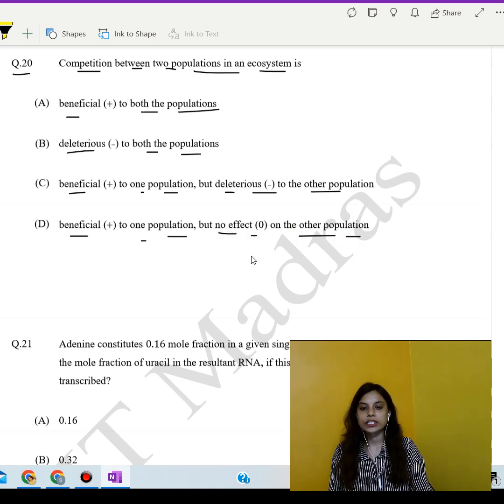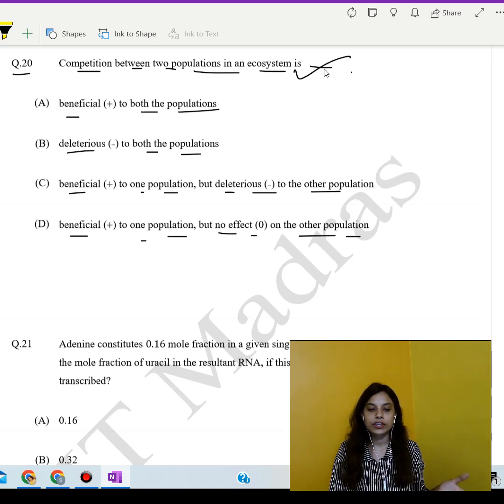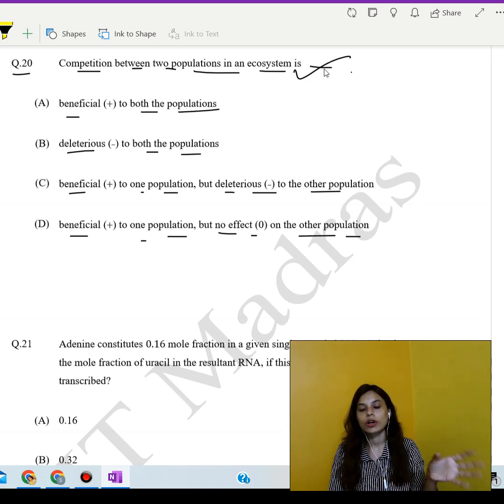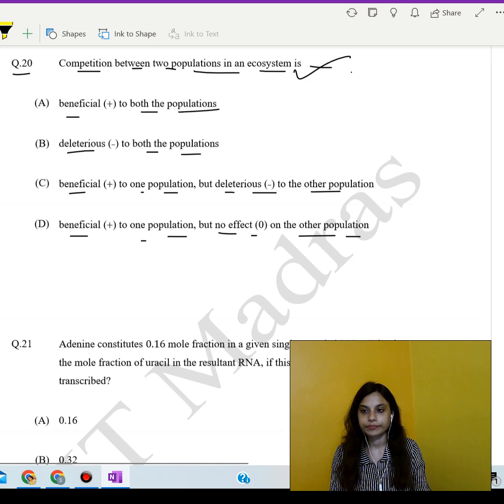Now the statement competition between two populations in an ecosystem is beneficial to both the populations is generally false. Okay. Now, while there are some instances where competition can have positive effect on both the population, it is more often detrimental to at least one of the populations.